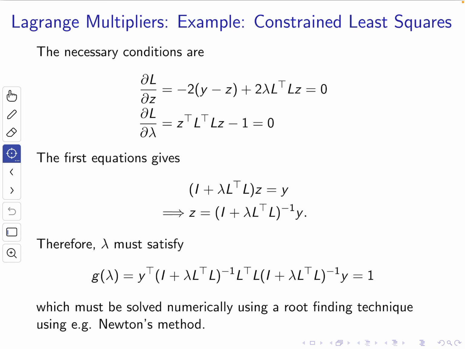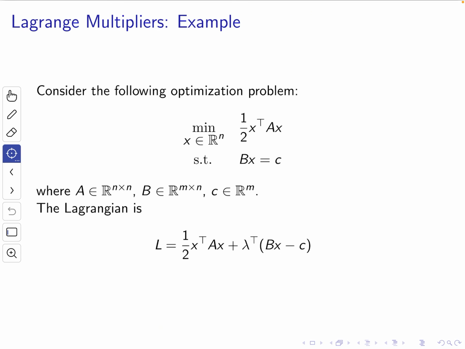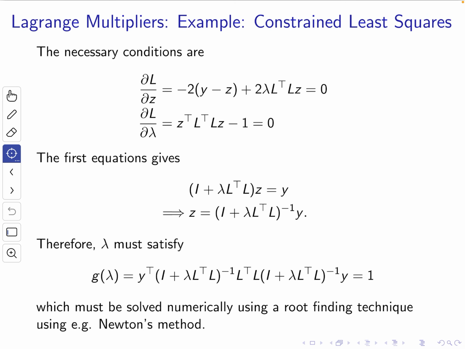It has to be solved numerically using some kind of root finding technique like Newton's method. Once I do some numerical root finding and find lambda, that'll give me z. So my problem is done.